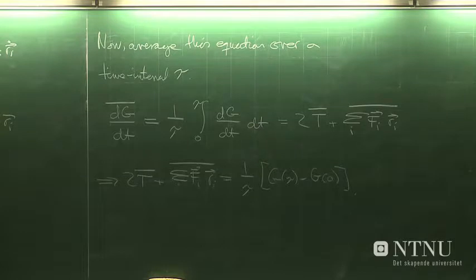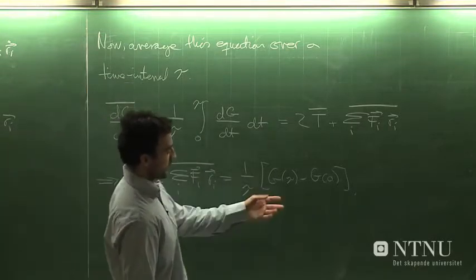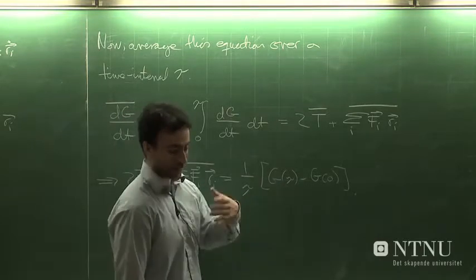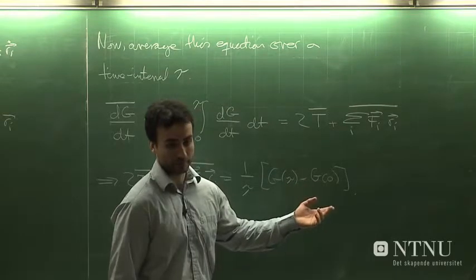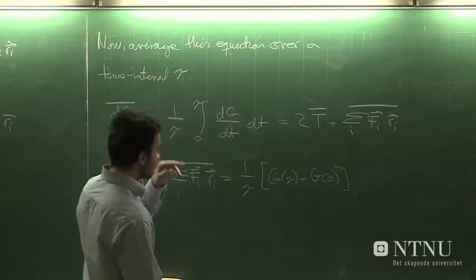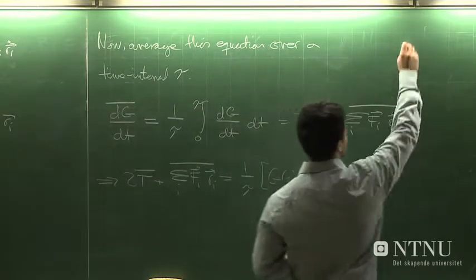Yes? Well, if this is some sort of periodic something with a period tau, then it will be 0. Okay, so you mean that if g is a periodic function in tau, then g of tau should be equal to g of 0. Yeah, so that's one case.